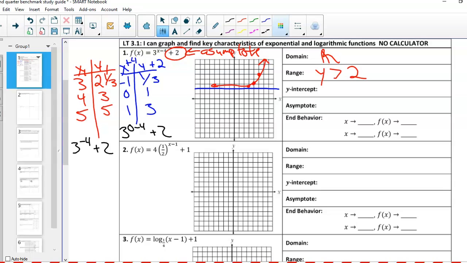Just 1 over 81. You can either make that a mixed fraction or find out what 2 would be with the same denominator. I'm not going to do that for time purposes. Our asymptote, y equals 2.